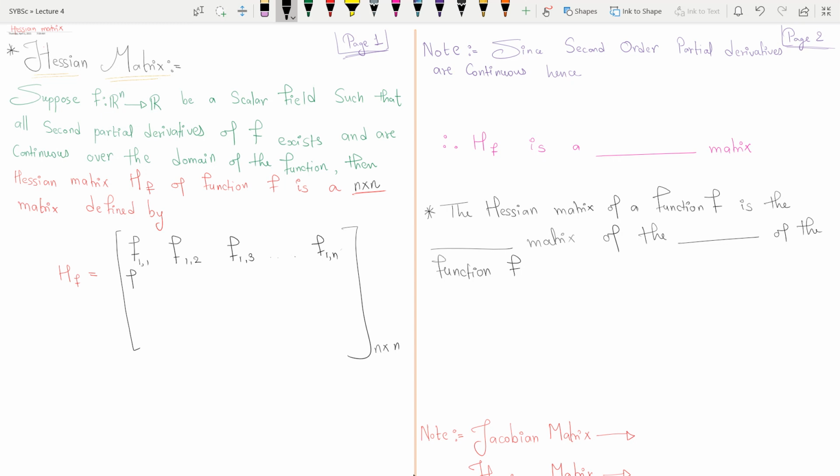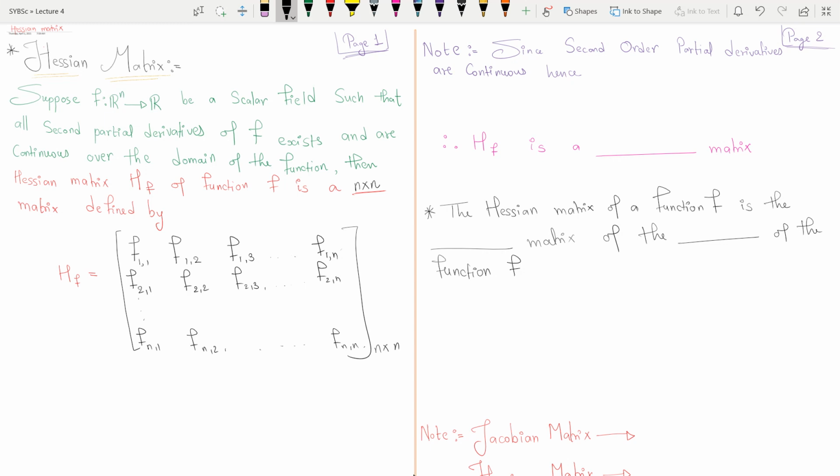Similarly goes the second row: f2,1, f2,2, f2,3 and so on till f2,n, right? Similarly it goes till the last row: fn,1, fn,2 and so on till fn,n. Okay, so here we learn that my Hessian matrix is an n cross n matrix where the entries are given by the second order partial derivatives.